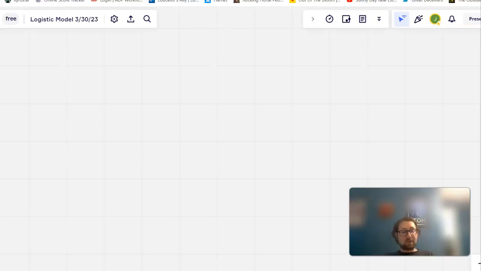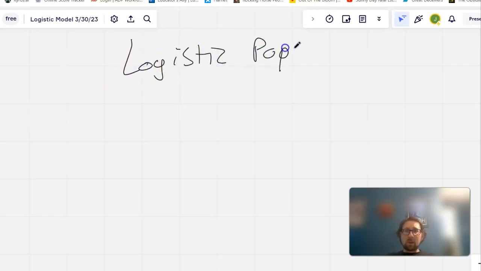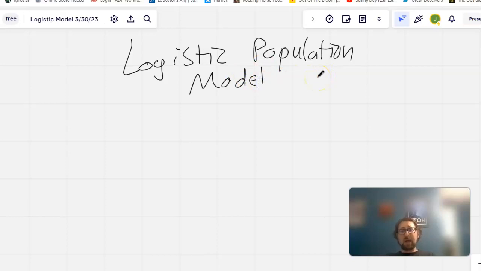So what we're going to talk about today is something known as the logistic population model. I have put a link in the chat that you can use to get to a Miro board that I made.